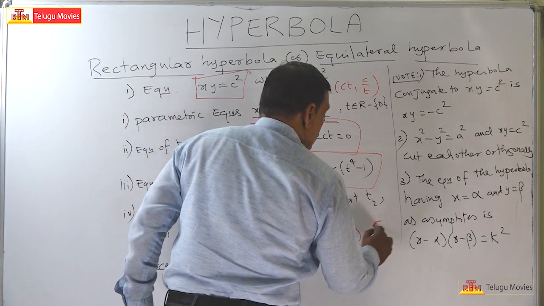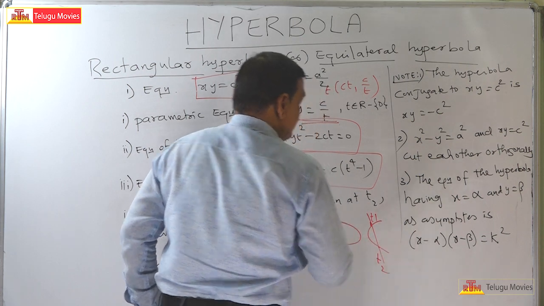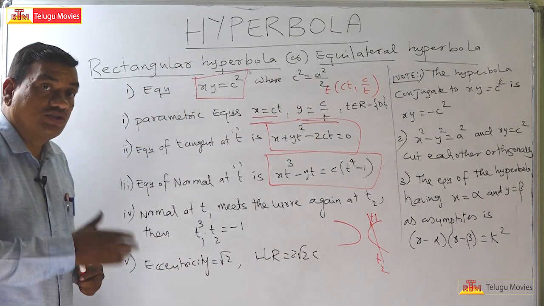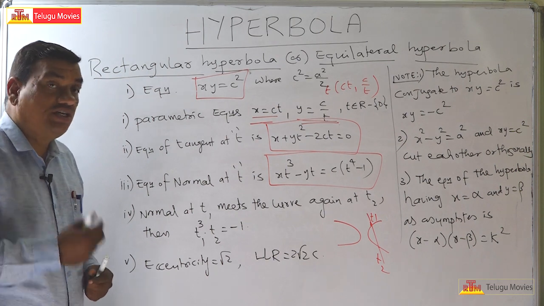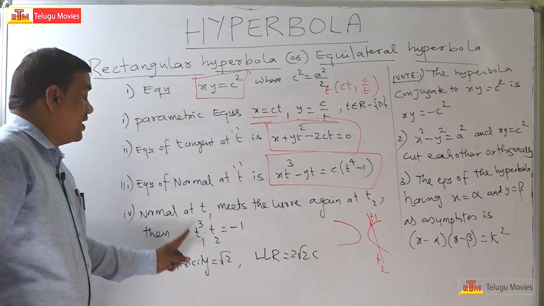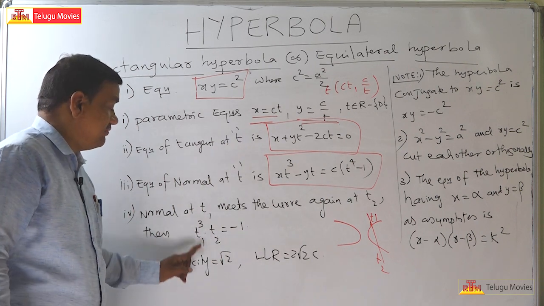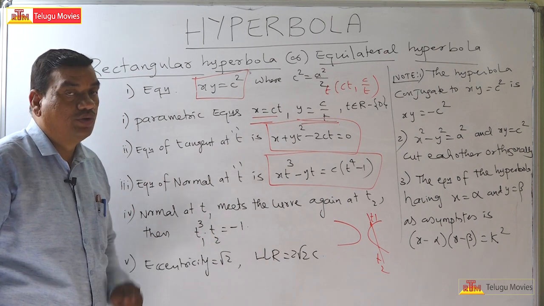So if this is the normal at t1, it will pass through another point, let us call it t2. Then what is the relation between t1 and t2? t1 cube into t2 is equal to minus 1.